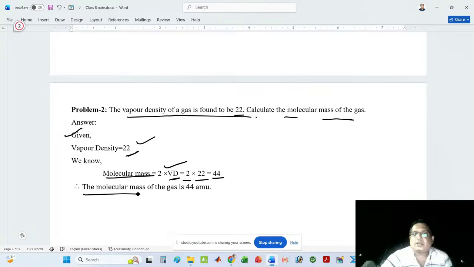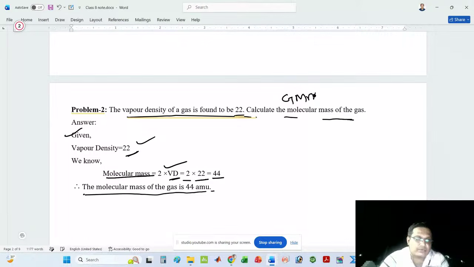Suppose a question asks you to calculate the gram molecular mass, what is the gram molecular mass of the gas? Next, what will we do? Simply take another sentence.